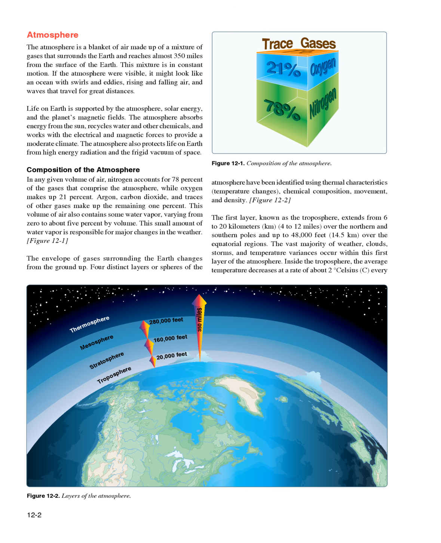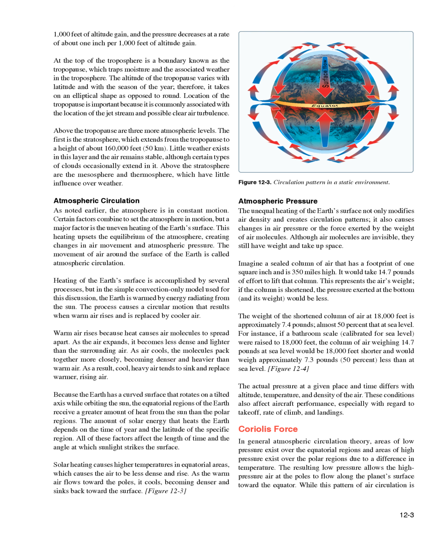The vast majority of weather, clouds, storms, and temperature variances occur within this first layer of the atmosphere. Inside the troposphere, the average temperature decreases at a rate of about 2 degrees Celsius (C) every 1,000 feet of altitude gain, and the pressure decreases at a rate of about 1 inch per 1,000 feet of altitude gain. At the top of the troposphere is a boundary known as the tropopause, which traps moisture and the associated weather in the troposphere.